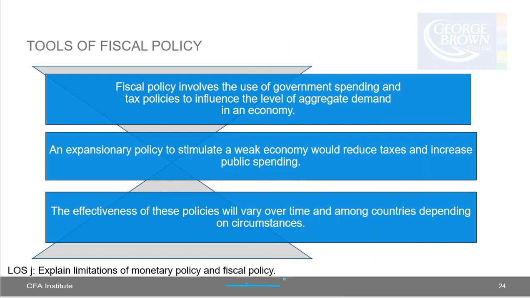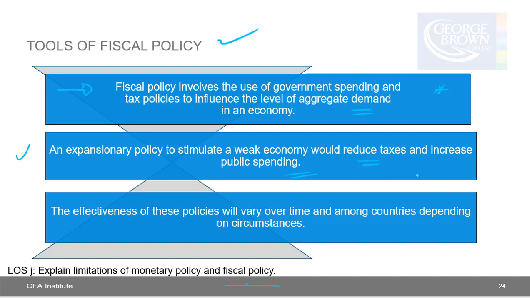So now we're moving on to fiscal policy and the tools of fiscal policy. So fiscal policy involves the use of government spending and taxes. So that's the important thing to understand. Fiscal policy is all about spending and taxes to influence the level of aggregate demand in an economy. So an expansionary fiscal policy to stimulate a weak economy would reduce taxes and increase public spending.